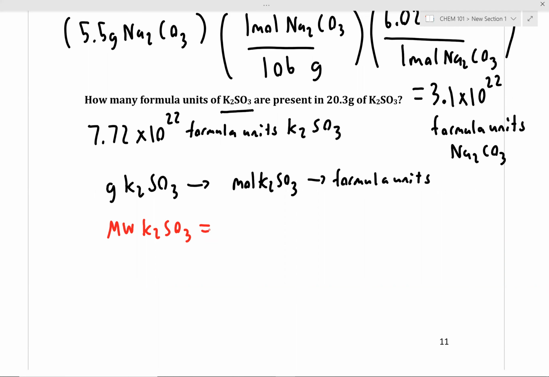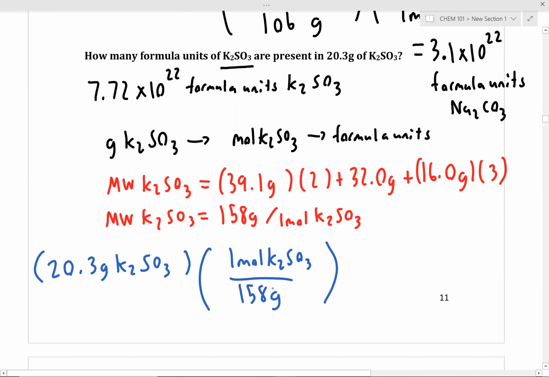So let's mix things up and use a different pen color just for variety. So we have 20.3 grams of potassium sulfite. If we're going from grams to moles, as always, what units are on top? Moles. So we have 1 mole of potassium sulfite per every 158 grams.